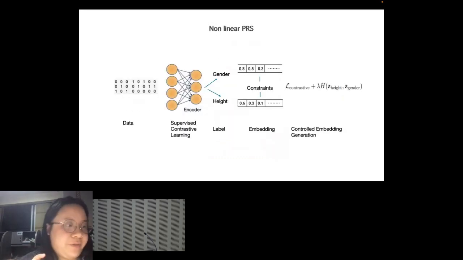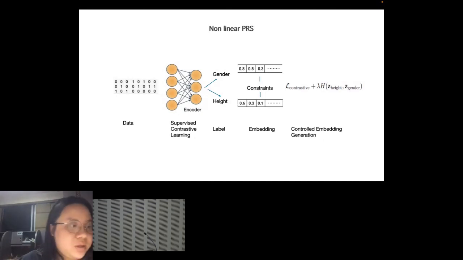To be specific, we can consider two-step modeling. The first step is to get some high-dimension representation, and then the second step is to use this representation to do a normal Lasso or linear regression model. So in the first step, we can consider the nonlinear PRS model using something like a three-layer MLP as an autoencoder to get some latent representation.